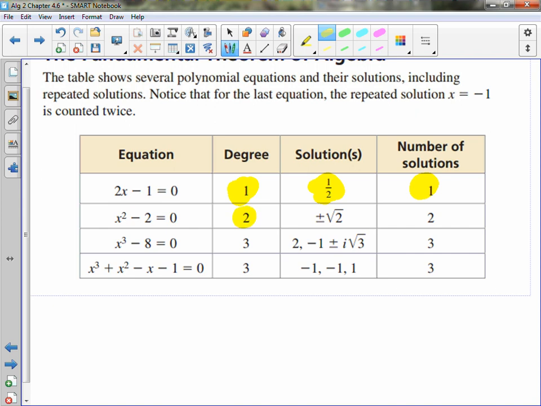When the degree is 2, the number of solutions is 2. When the degree is 3, the number of solutions is 3. Even in the bottom one, where we have repeated solutions, so -1 shows up twice, we still have 3 solutions.